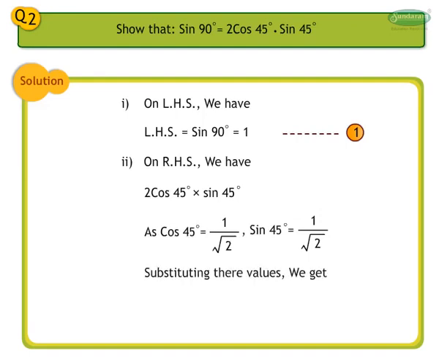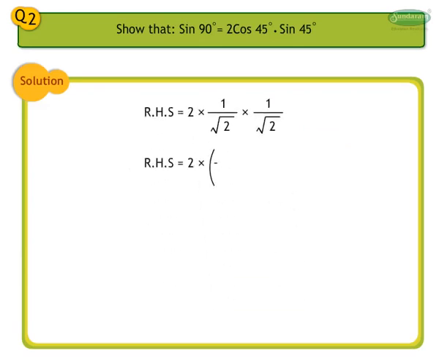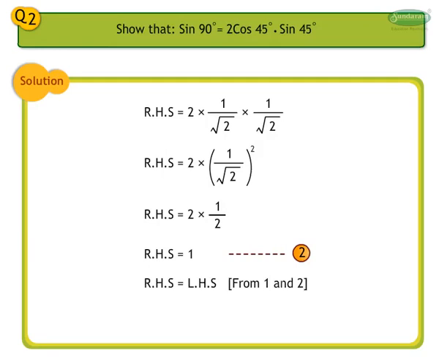Substituting these values, we get right side is equal to 2 into 1 upon root 2 into 1 upon root 2 is equal to 2 into 1 upon root 2 the whole square is equal to 2 into 1 upon 2 is equal to 1. Mark it as equation 2. From equation 1 and 2, we have left-hand side is equal to right-hand side. Therefore, sin 90 degrees is equal to 2 cos 45 degrees into sin 45 degrees.